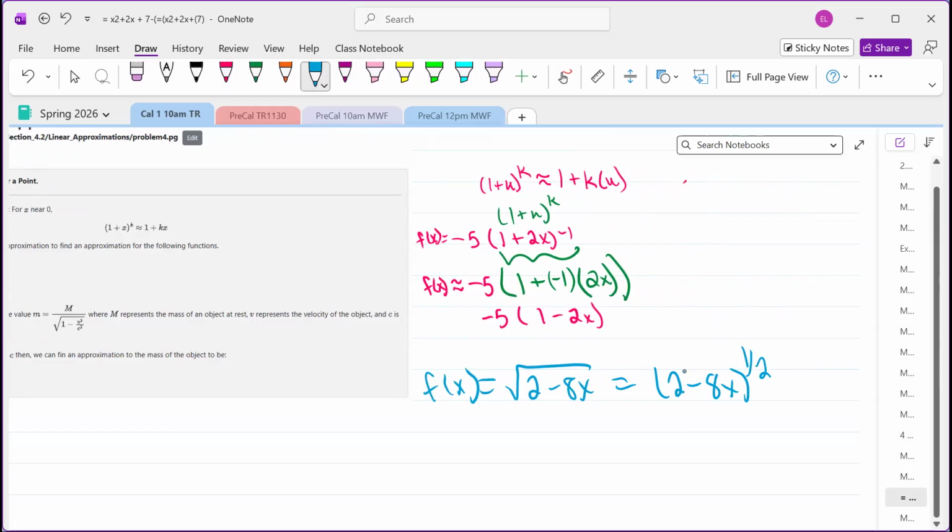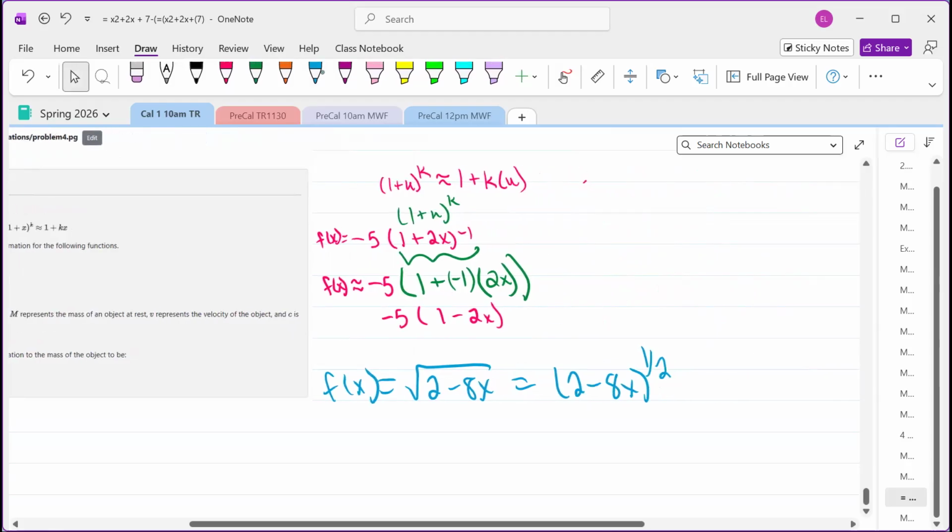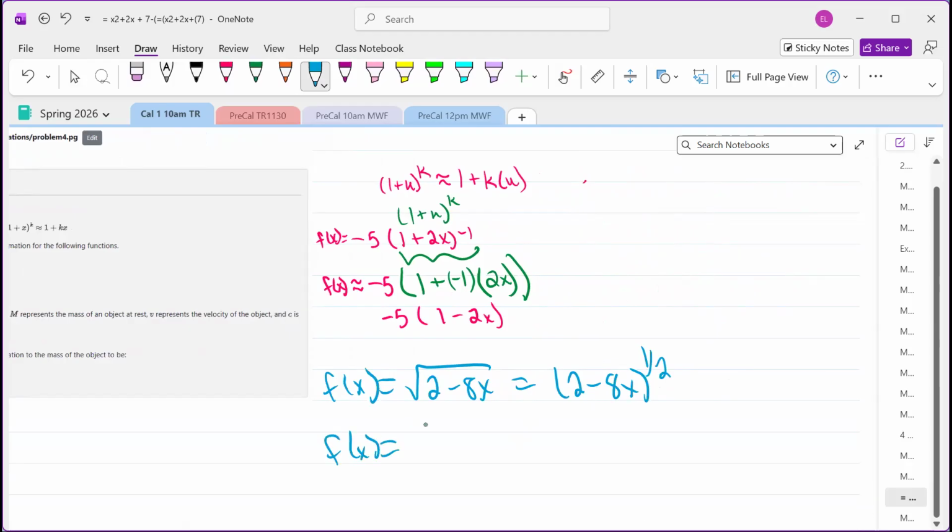But my inside here, the 2 minus 8x, I need to factor out a 2 because I need it to be 1 plus a thing. So it's going to look a little weird.